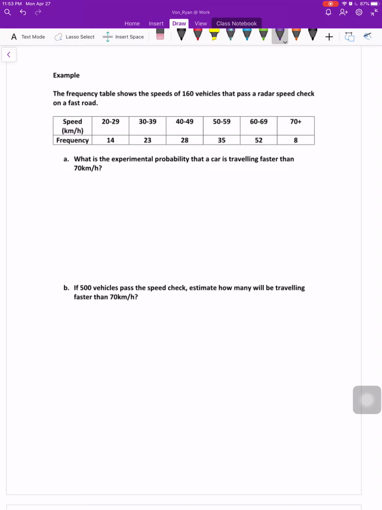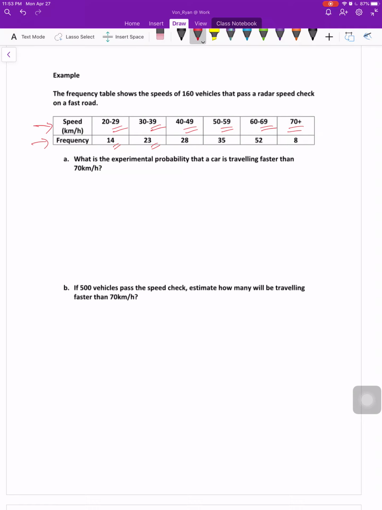We have the speed in kilometers per hour on the first row, and then the frequency. These are the different speeds of the cars, and we have the number of cars that registered that speed. So we have several outcomes and several trials or data.